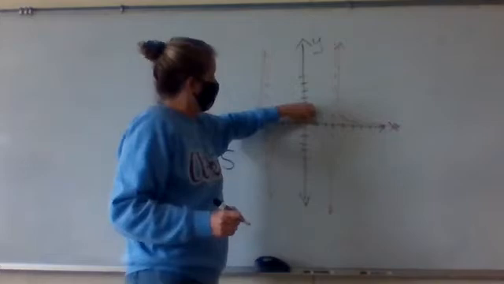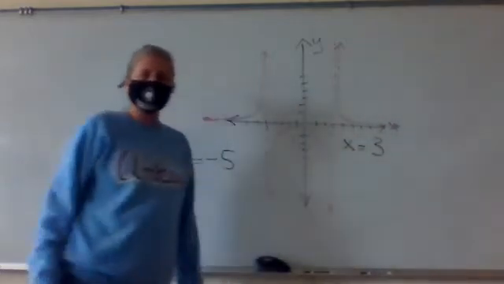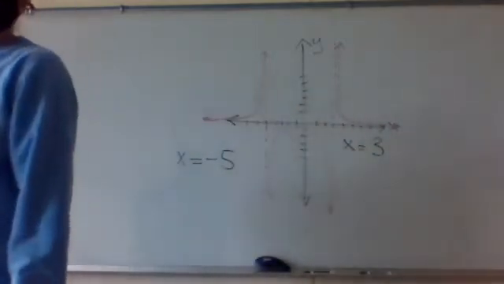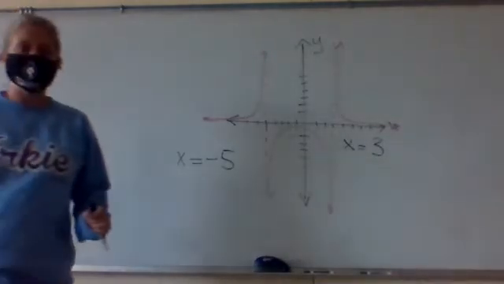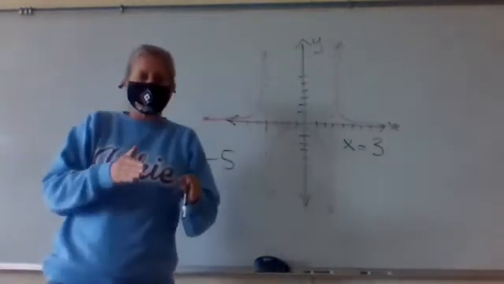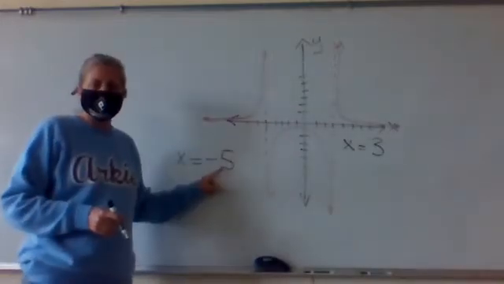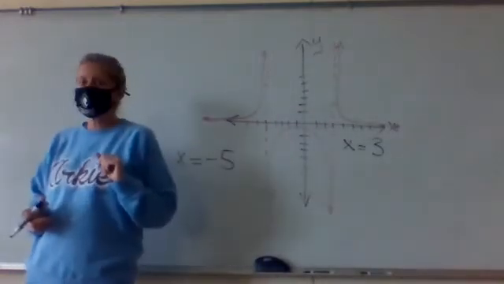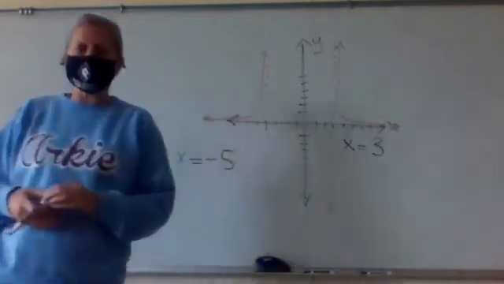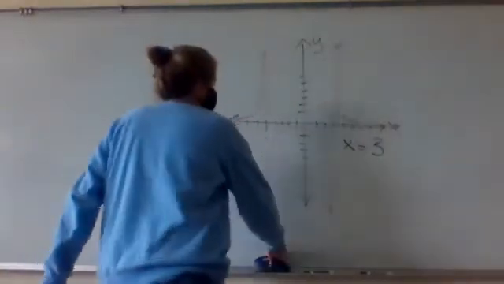This vertical asymptote, since it's at +3, would be x equals 3. So all vertical asymptotes come in the equation form of x equals, and then whatever number it crosses through the x-axis at. So now we're going to find out how to find the vertical asymptotes of the graph.